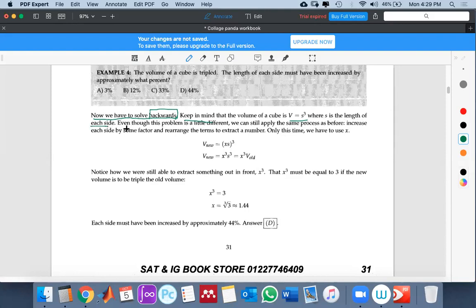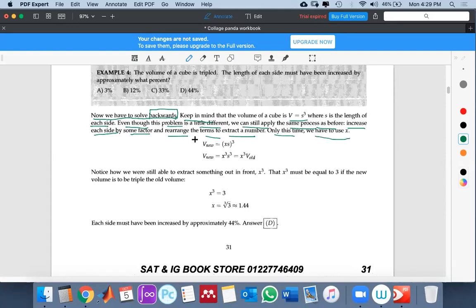Even though this problem is a little different, we can still apply the same process as before: increase each side by some factor and rearrange the terms to extract a number. Only this time we have to use x.